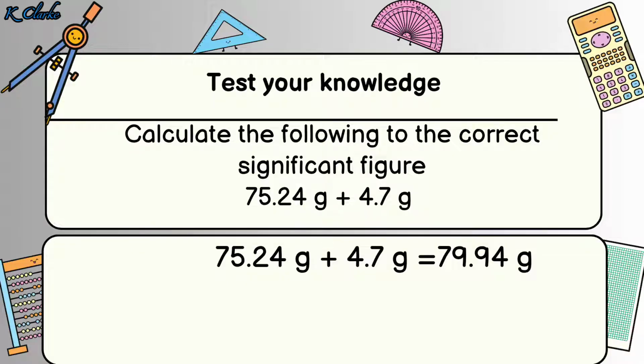The answer should be to 2 significant figures. Rounding to 2 significant figures, the answer is 80 grams. However, you must put the decimal point for the 0 to be significant. So 80. grams.